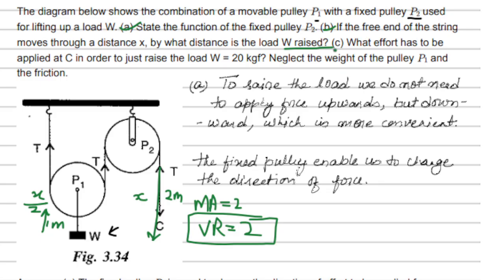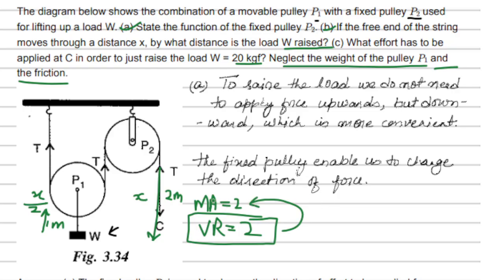Let's go to the third option now. What effort has to be applied at C? This is the point C. In order to raise the load of 20 kgf, we need to neglect the weight of the pulley P1. We have to neglect the weight, otherwise we will end up pulling this also up, and we have to factor that in. And also there is no friction. So ideal scenario. In ideal scenario, the mechanical advantage will be exactly equal to the velocity ratio.